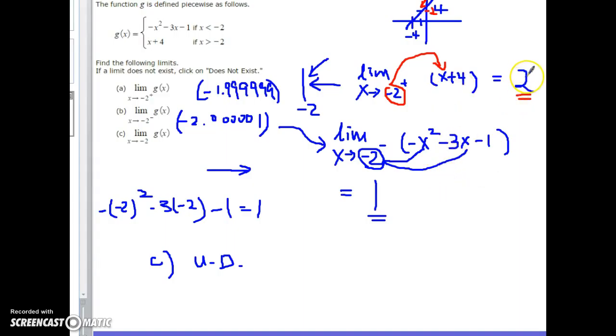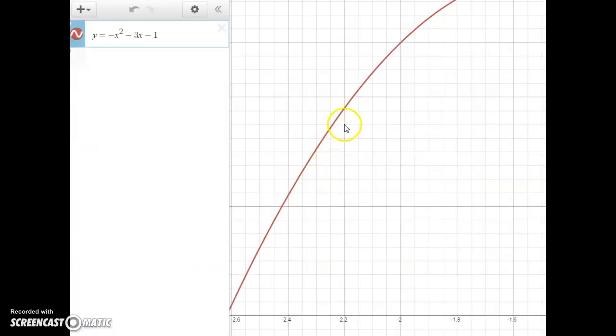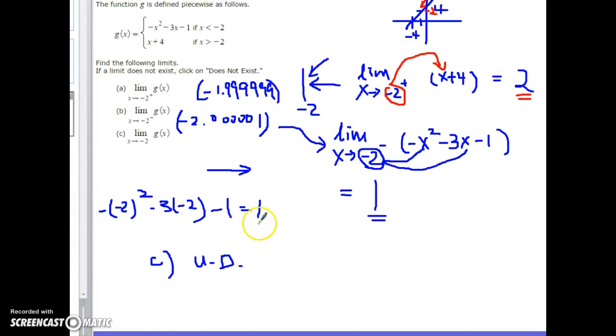I encourage you to put your equation in Desmos and try to see visually what happens when your x approaches some certain value, and how does that affect your y. What's the value that your y is approaching? Because ultimately that's what limit is about.